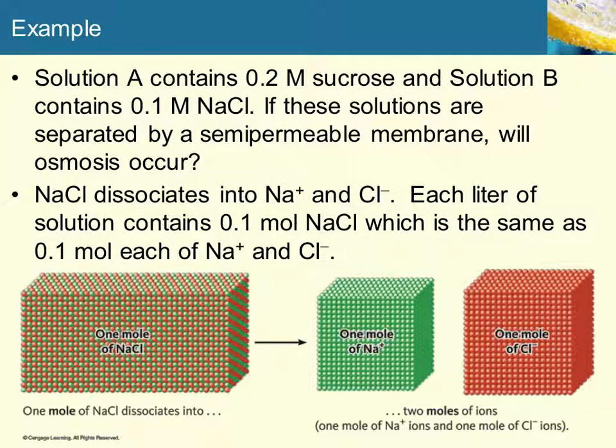So each liter of solution contains 0.1 moles of NaCl, which is the same as 0.1 moles each of Na+ and Cl−. So you're actually forming 0.2 moles of ions.